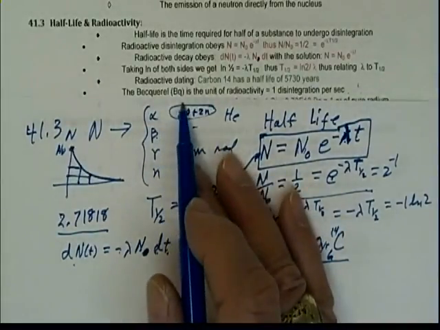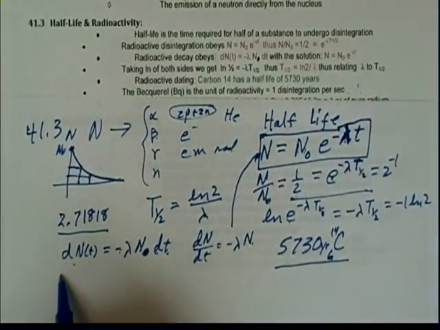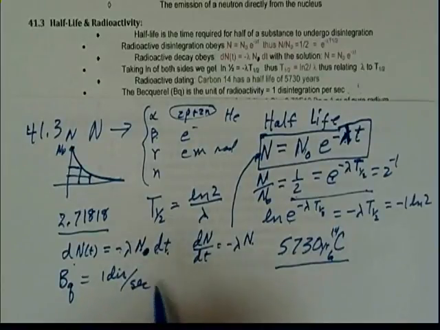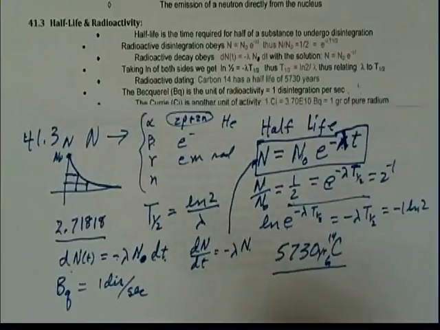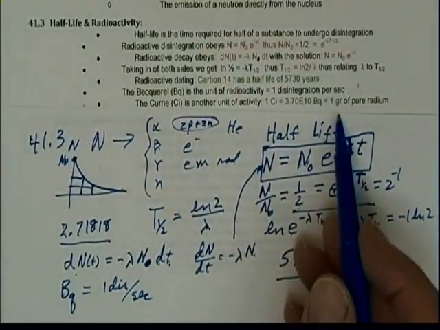Now the becquerel is a unit of radioactivity, which is 1 disintegration per second. And you need to know these because in the medical sciences they're extremely important. 1 disintegration per second means 1 atom every second. That means you have 1 becquerel of activity. Well, the Curie goes back a lot before that.